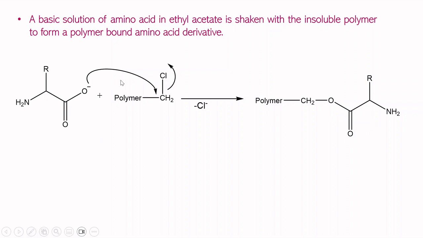The O- will attack the CH2, Cl- will leave, and we will get polymer CH2O, C double bond O, CHR, NH2. So, one of our amino acids has been bound to the insoluble polymer in an SN2 reaction.